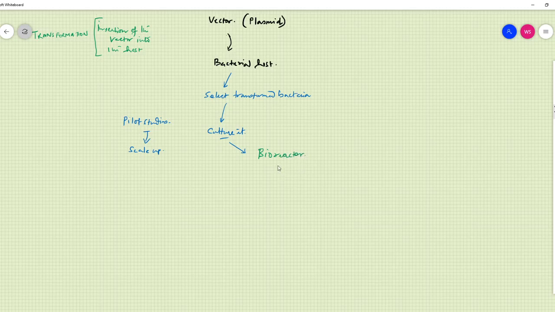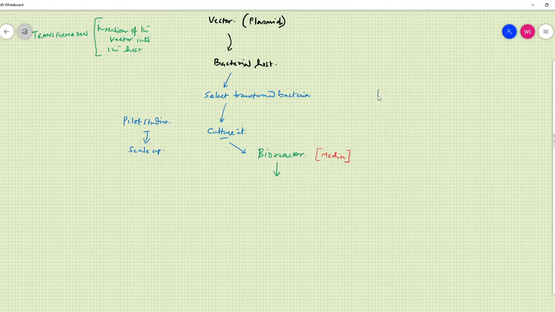Okay, then the bacteria are grown in a bioreactor. And what does the bioreactor contain? Bioreactor contains media for the growth of the organism. Again, it also supplies the appropriate oxygenation, temperature conditions, agitation, aeration. All those things happen in the bioreactor. Then what happens? It grows to confluence.